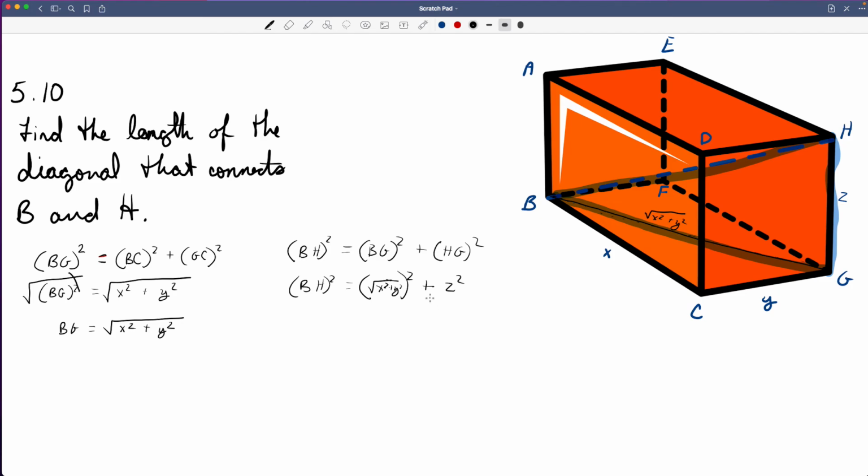Okay? So we know that these squared cancel each other out. So the radical sign goes away. So BH squared is equal to x squared plus y squared plus z squared.